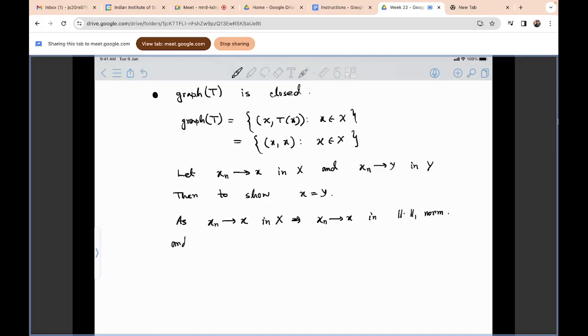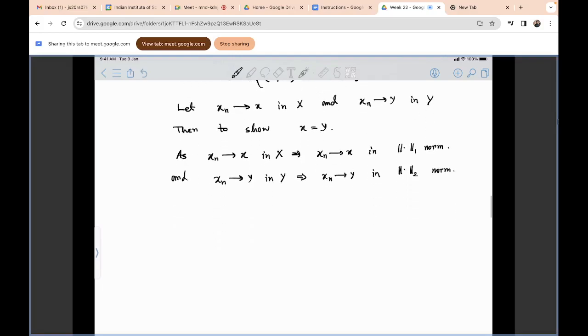And xn converges to y in Y implies xn converges to y in the L2 norm. And as we have said, the L2 norm is less than the L1 norm for all a in L1.